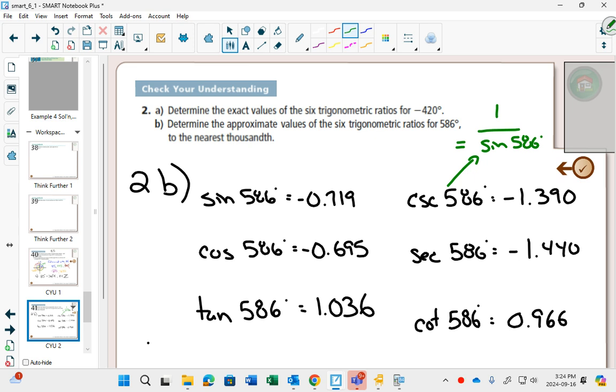It seems obvious that that's what we do, but it's very important that when you go to cosecant or secant or cotangent and you're using the reciprocal, that your angle stays the same.